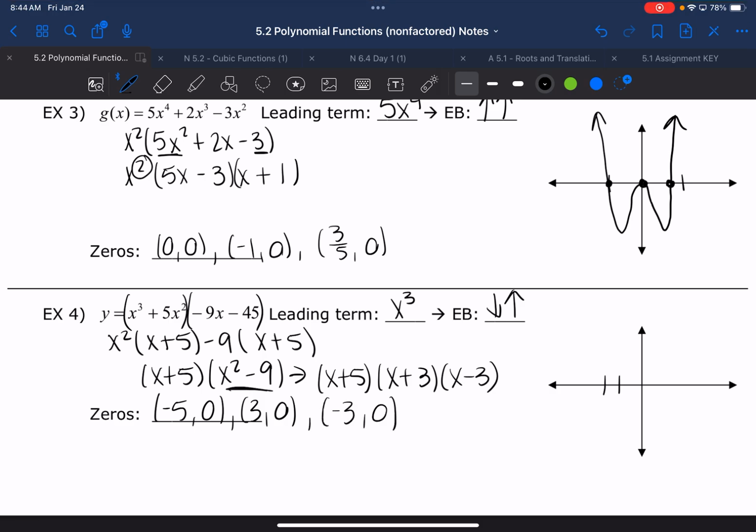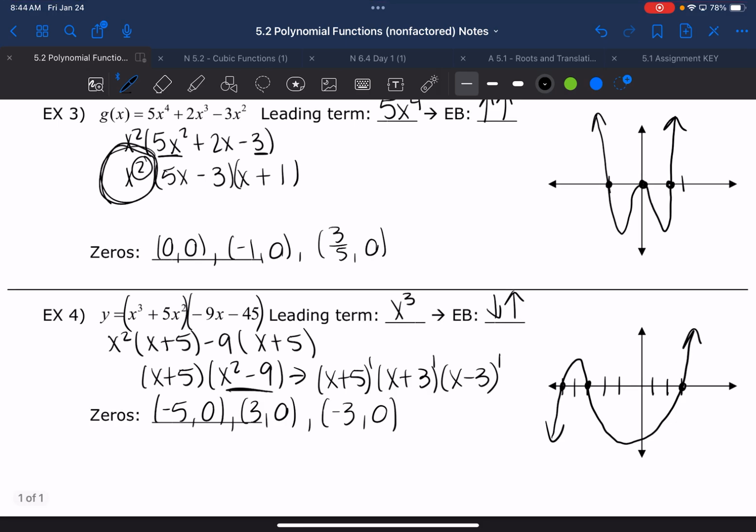So -5, -3, and +3. All right. And all of these have an understood exponent of 1, so they will all be crossing. So the only one that we came across that wasn't crossing was this x squared term here, which gave us a bounce, right? Okay.